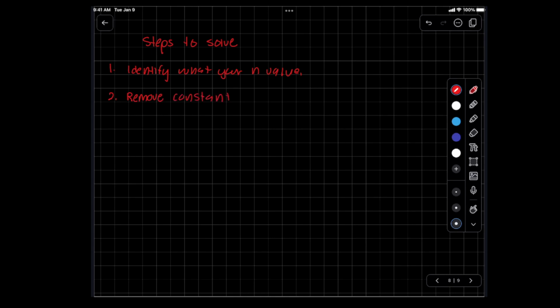This will help kind of simplify your equation, make it a little easier. 3. Split polynomials if you can. And 4. I'll definitely say write neatly. If you can stay more organized in these questions, it'll make it a lot easier on you.